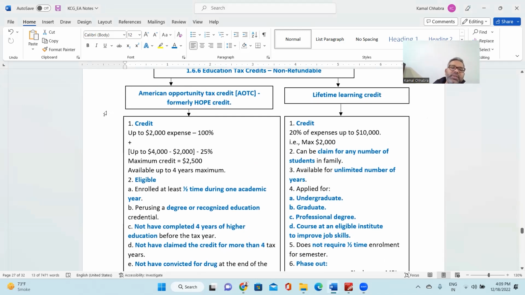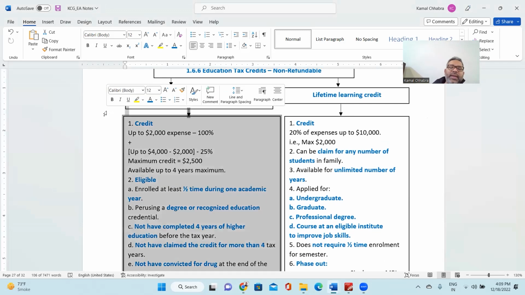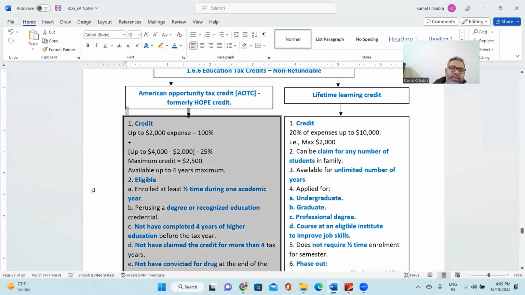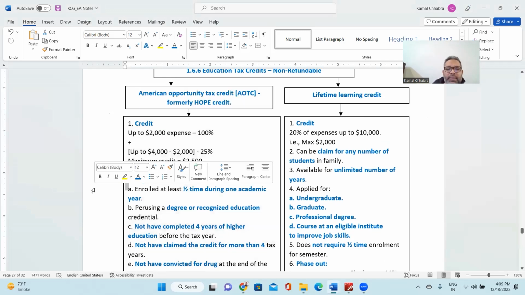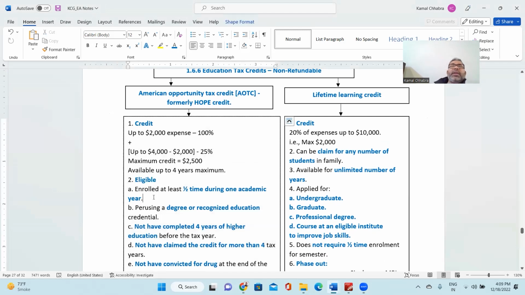First one is enrolled at least half time during one academic year. That means if the academic year is 12 months, you must be enrolled with the academy for more than half a year, right?